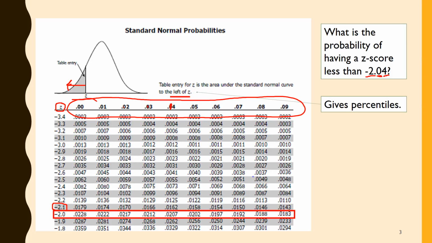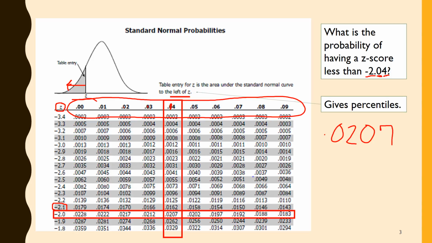And so then we're going to go and find the intersection of the row and the column, and that gives us 0.0207, and this is in proportion form or decimal form, whatever you want to call it. This is out of 1.